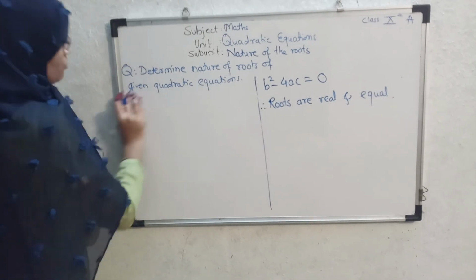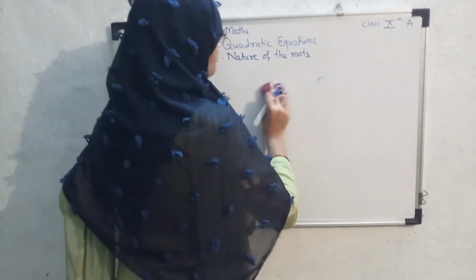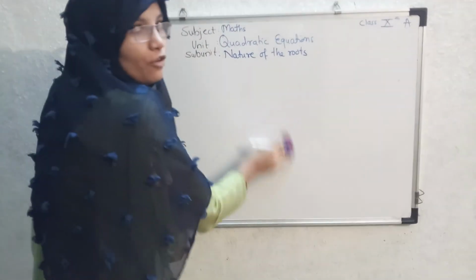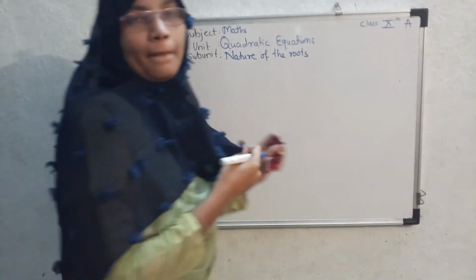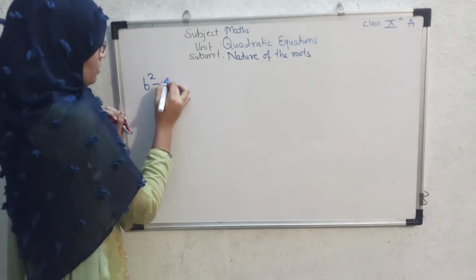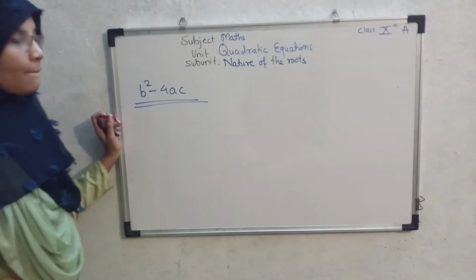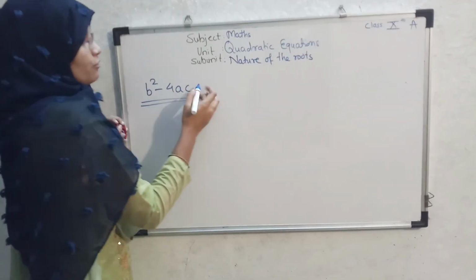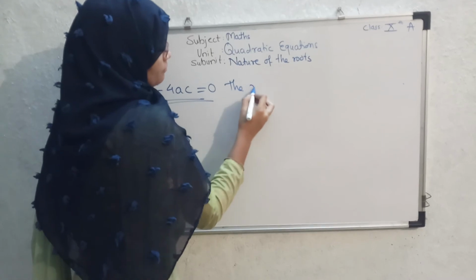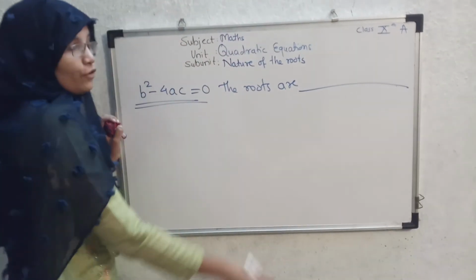Now I will ask you some questions. You have to answer me. Can you tell me the formula for discriminant? What is discriminant? B square minus 4AC is called discriminant. If the value of B square minus 4AC is 0, then roots are... you have to complete this.